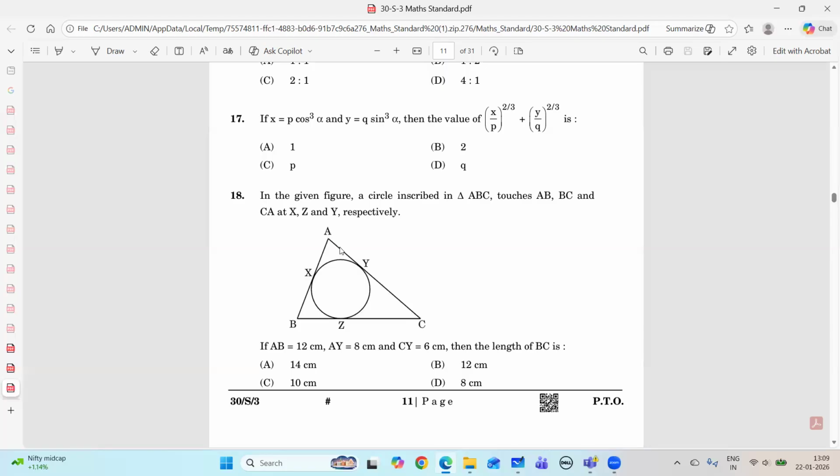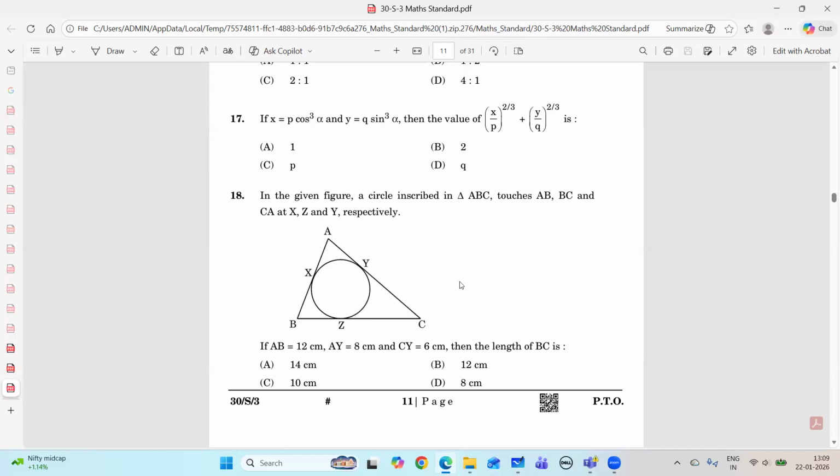Now, AY and AX are tangents from the same external point, therefore their lengths will be equal. So AX will be AY. Because AY is 8 units, AX becomes 8 units. You are given AB to be 12, so BX becomes 4 units. And therefore, BZ also becomes 4 units.